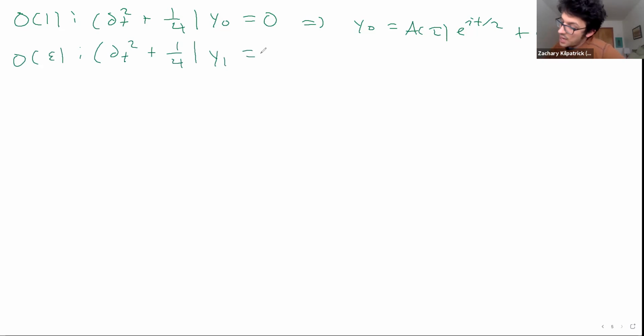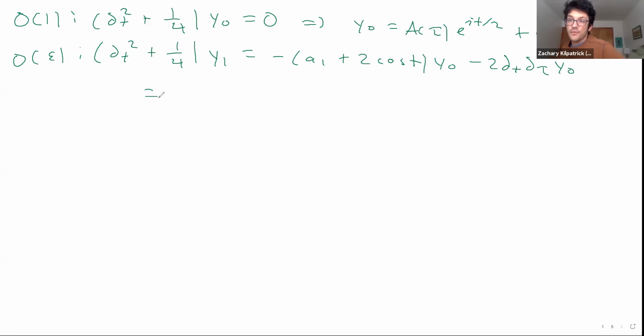Now, what happens at order epsilon is that if we look at the inhomogeneous parts, we have a1 plus 2 cosine t y0 minus this second derivative with one derivative in the fast variable and the other in the slow variable acting on y0.